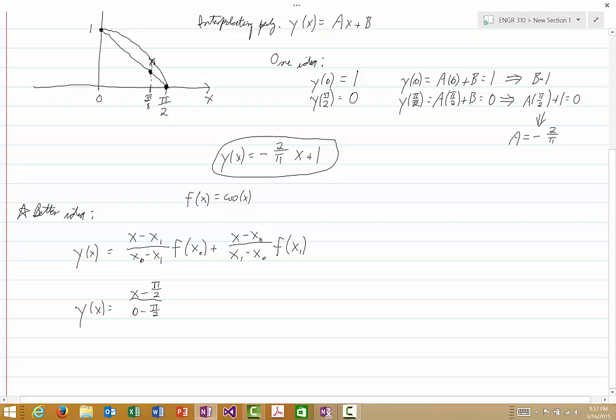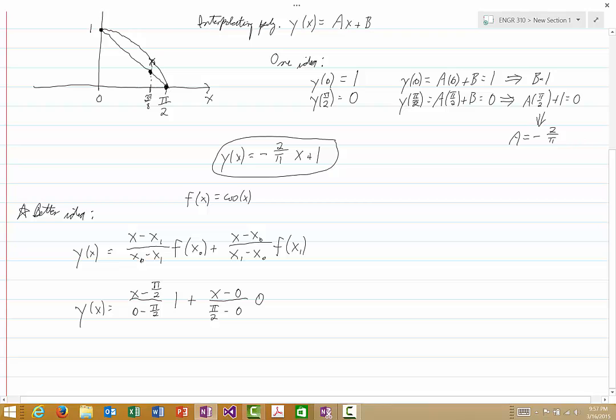So we have cosine of 0, which is 1, plus x minus 0 over pi over 2 minus 0 times f of x1, and x1 is pi over 2, and cosine of pi over 2 is 0.